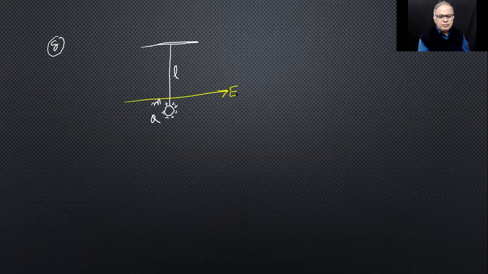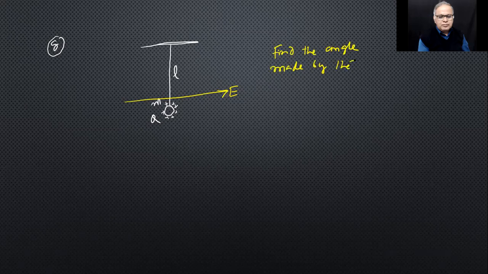That means E is the same all over. Find the angle made by the string with the vertical in equilibrium.